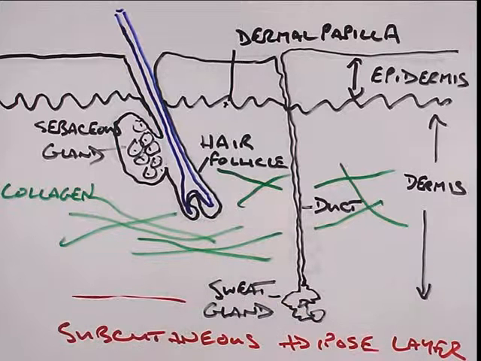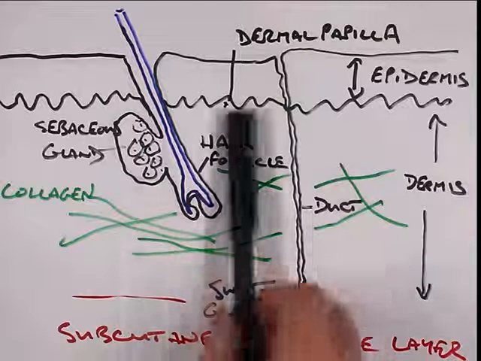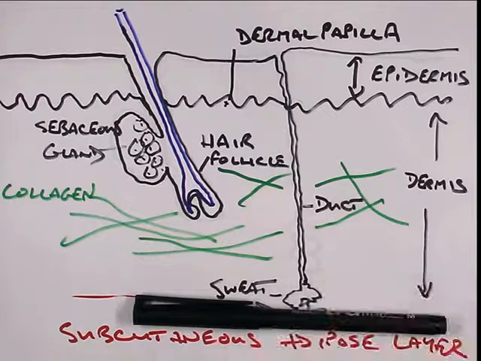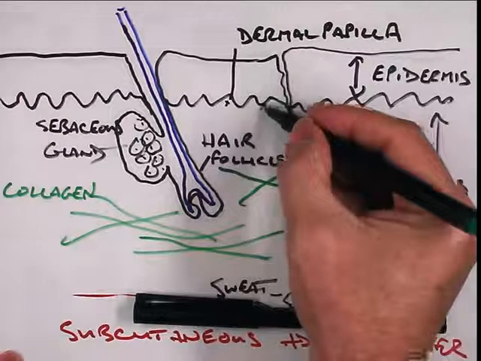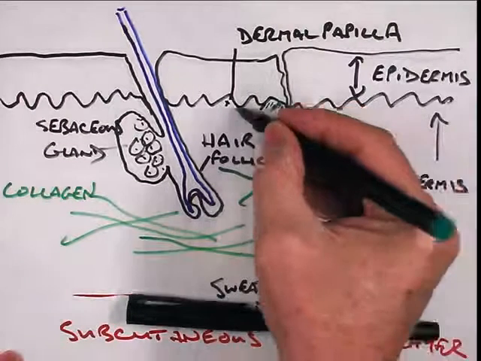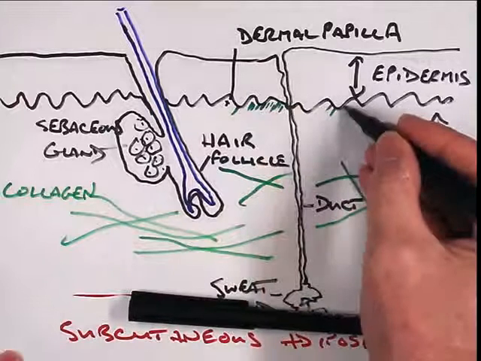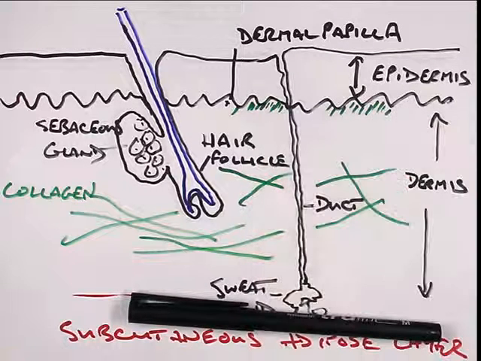And so in certain areas, on the soles of your feet and on the tips of your fingers, these are extremely deep and form actual ridges and lines on the surface of the skin. So the dermal papillae here help to hold that in. And then we have the attachment of collagen fibers from beneath, sticking into the basal lamina, helping to anchor as well. So we've got a number of mechanisms for holding the epidermis into place on the dermis.